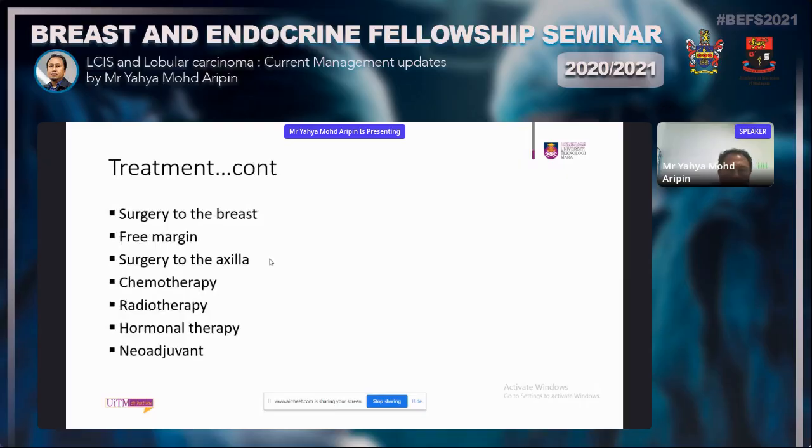Okay, I think this is my last slide. Surgery to the breast. Is there any role of breast conserving surgery for ILC? Because we have an issue of diffuse infiltration of the tumor, right? And also multicentricity, can we do breast conserving surgery?